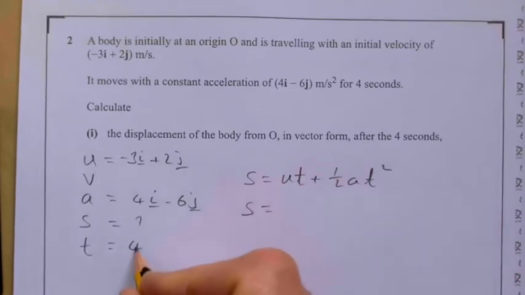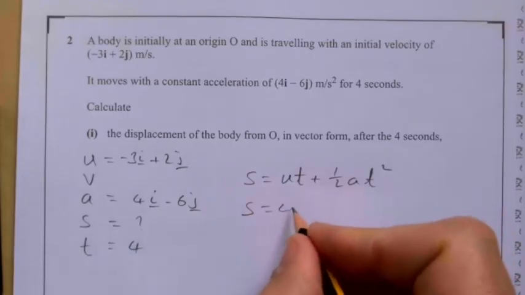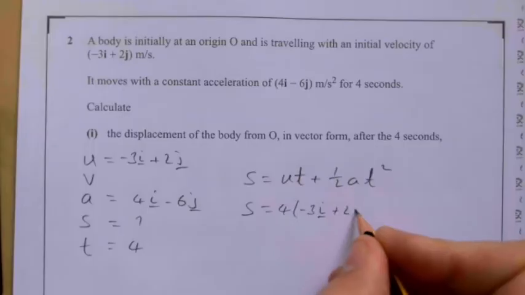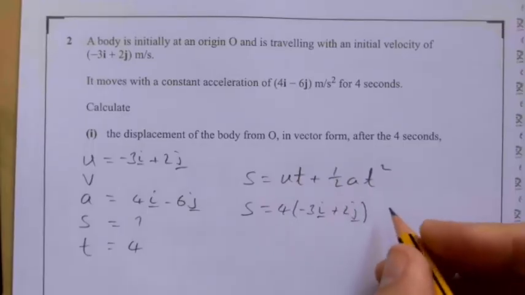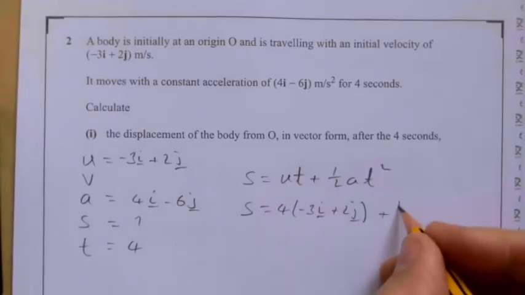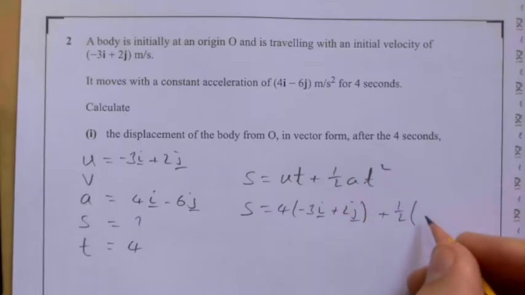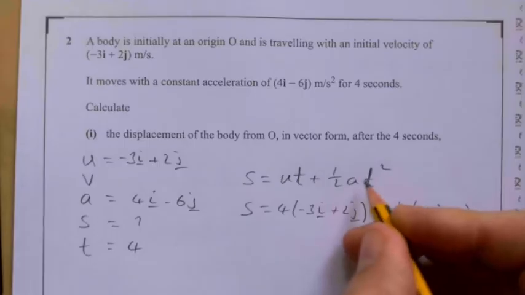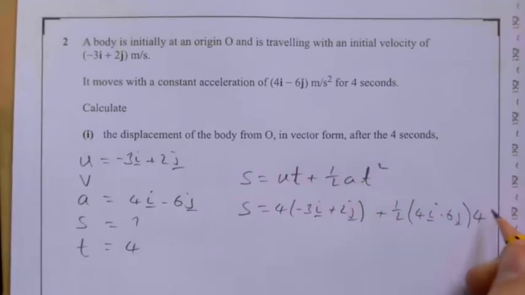S equals, so it's going to be 4, this here upon this, so u times t, so it's going to be 4 upon minus 3i plus 2j, plus a half, and then my acceleration is 4i minus 6j, and then my t squared is going to be 4 squared.